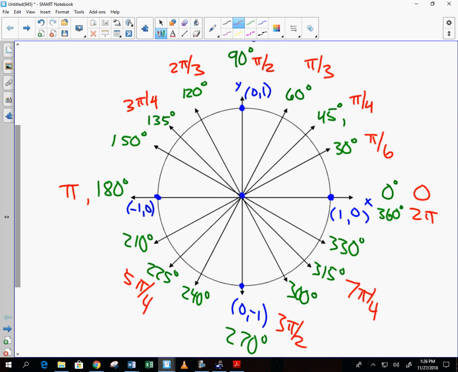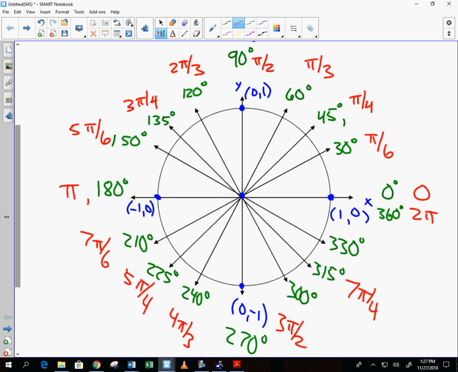1 pi over 6, 2 pi over 6, 3 pi over 6, 4 pi over 6, 5 pi over 6. After 5 pi over 6 is 6 pi over 6, or pi. After that is 7 pi over 6. After that is 8 pi over 6, or 4 pi over 3.